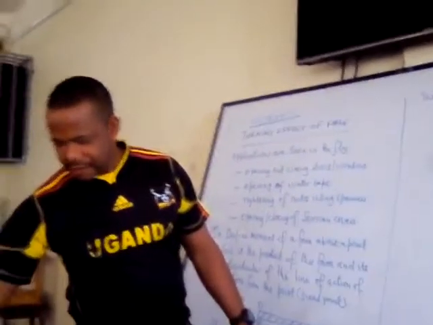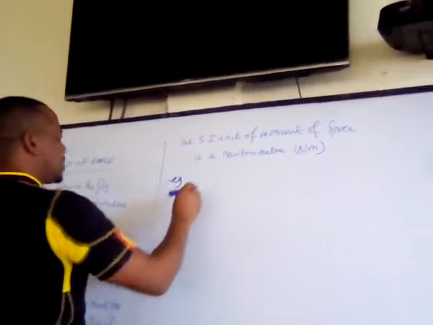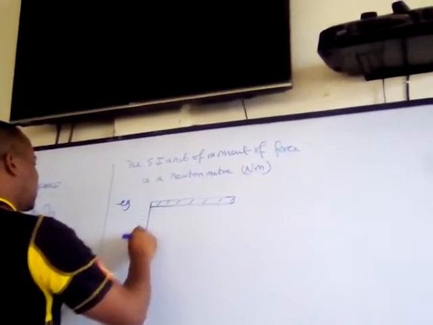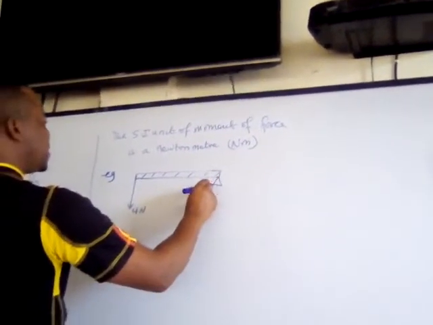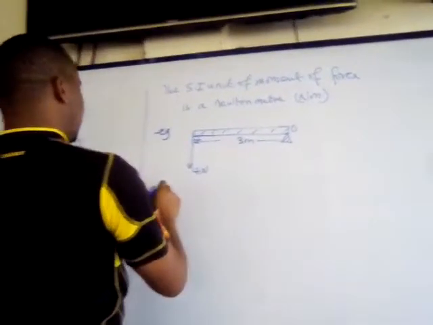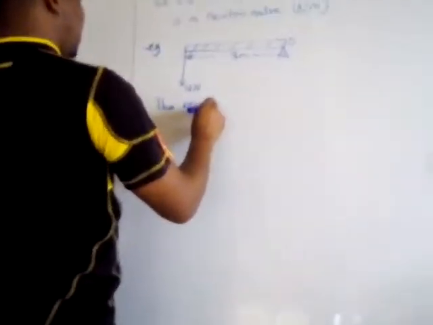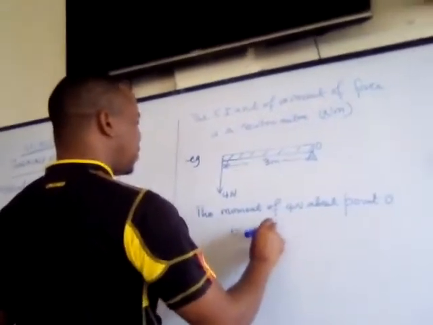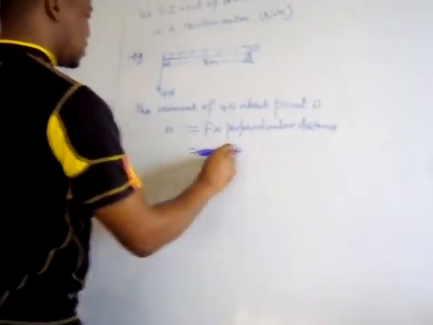If we look at a numerical example, now that we know what moment of force is, assume that I have a force of 4 newtons, fixed at a distance of 3 meters from a fixed point O. The moment of the 4 Newton force about point O is equal to the force times the perpendicular distance, which will be 4 times 3, giving us 12 Newton meter.